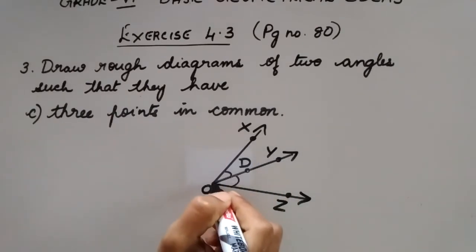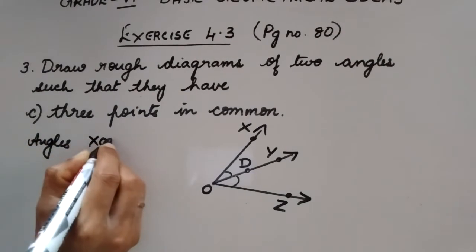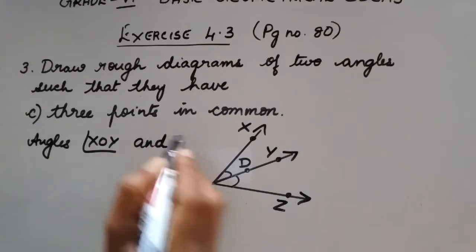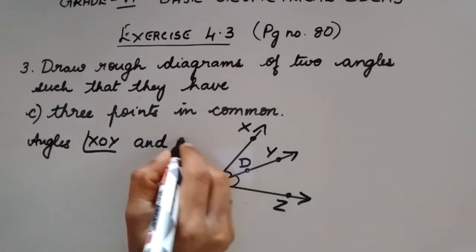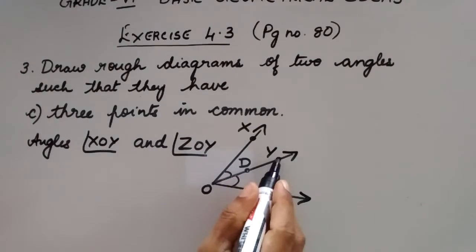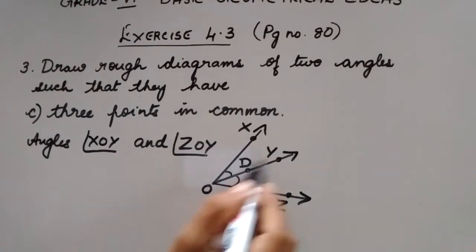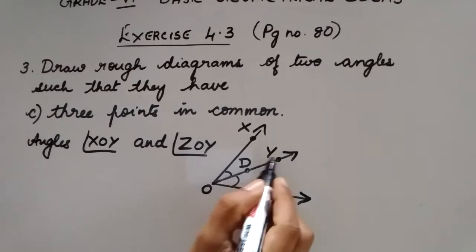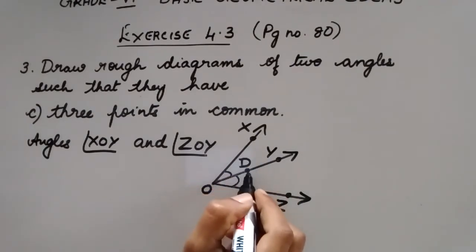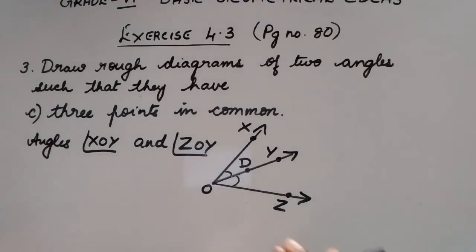So here we have angles XOY and ZOY. So this OY is shared by both the angles, the side OY. So in this side we have OY, we have one more point, that is D. Which means that even D is shared by both the angles.